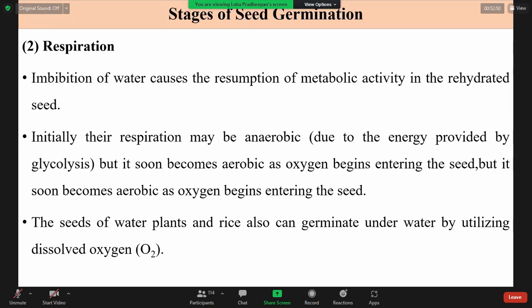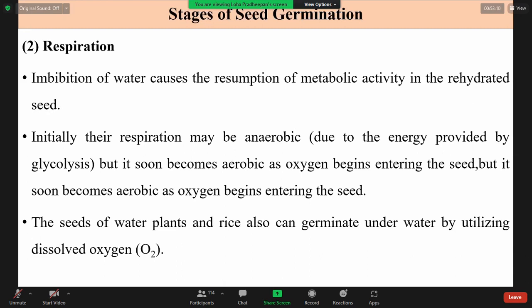But rice is a semi-aquatic plant. That means it can tolerate the water to some extent. So that can germinate even if the water is stagnant, because it can use the dissolved oxygen for its germination.